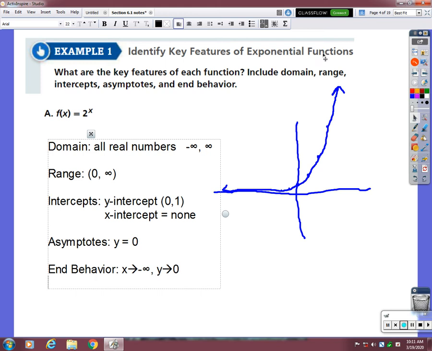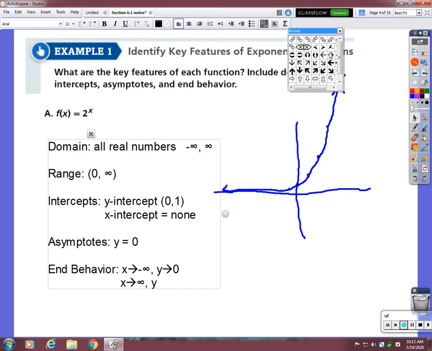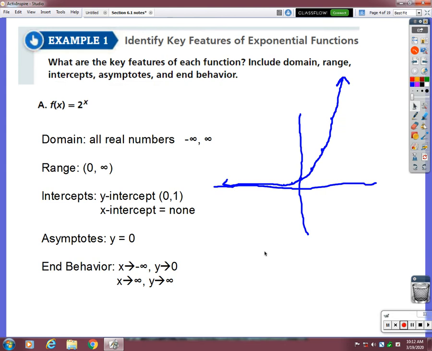And then also as x approaches positive infinity. So as the graph moves to the right, then the y values approach infinity. So it gets bigger and bigger as it goes to the right, but then as it goes to the left, it just bottoms out at 0. All right? Okay, so that's the general idea behind an exponential function.